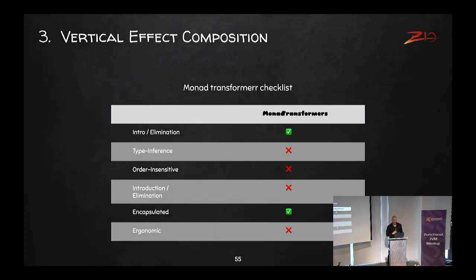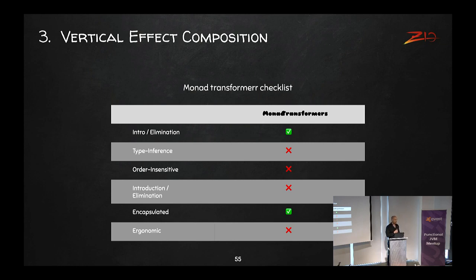So let's take stock of monad transformers. First off, they do allow us to combine effects. We can create something that has the effect of optionality and failure and reading from some sort of environment and writing to some kind of log and so on and so forth. We can create a type from that in a modular fashion by snapping together pre-built bits of functionality that neither you nor I wrote.